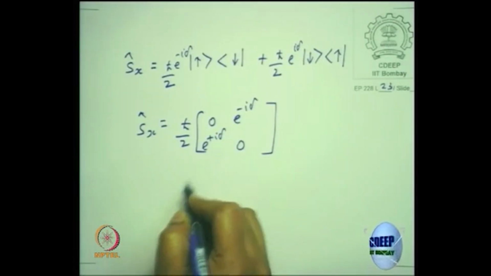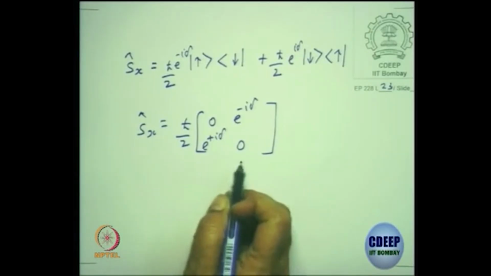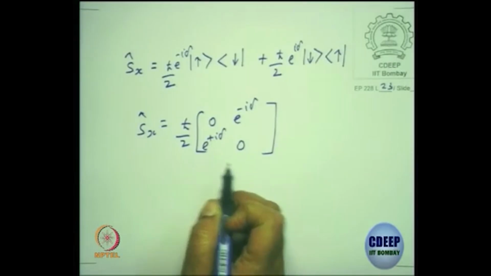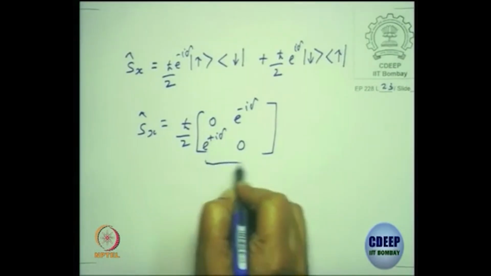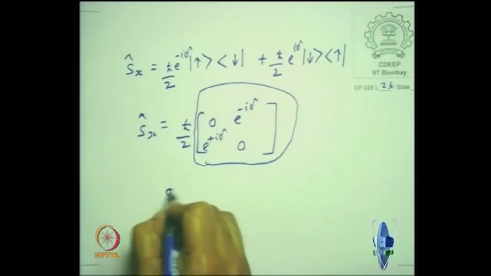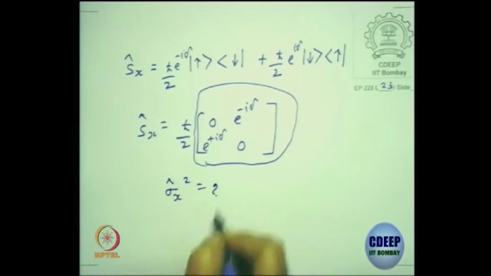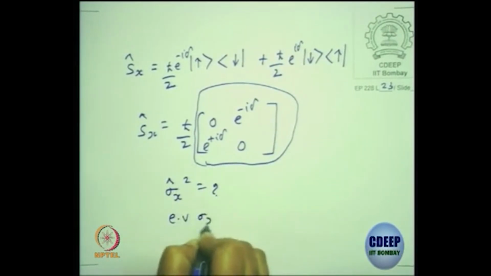What about the square of these matrices? 1, or eigenvalue is plus or minus 1 for this matrix. Check it. Call that matrix sigma x. Find what this is. Find the eigenvalue of sigma x.